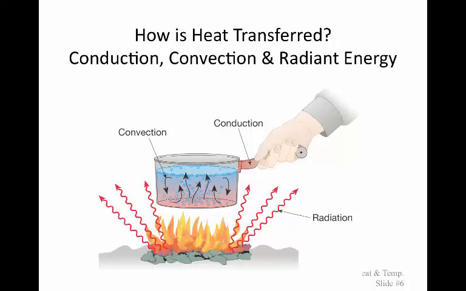Convection is a very important part of heat transfer in the atmosphere, and the idea of convection is that you are moving a liquid or a gas, and as the liquid or the gas is moving, it's taking heat with it.